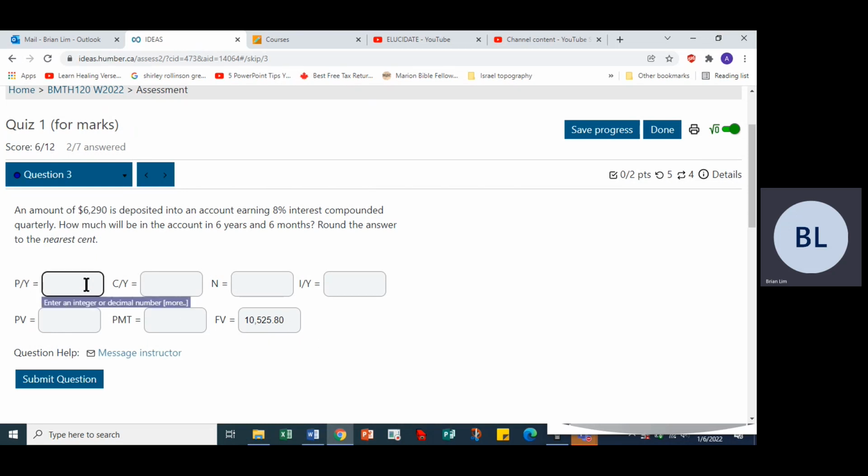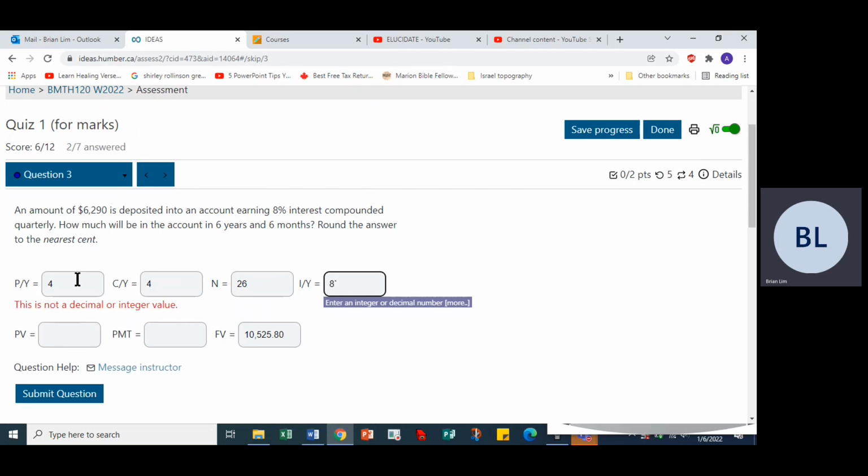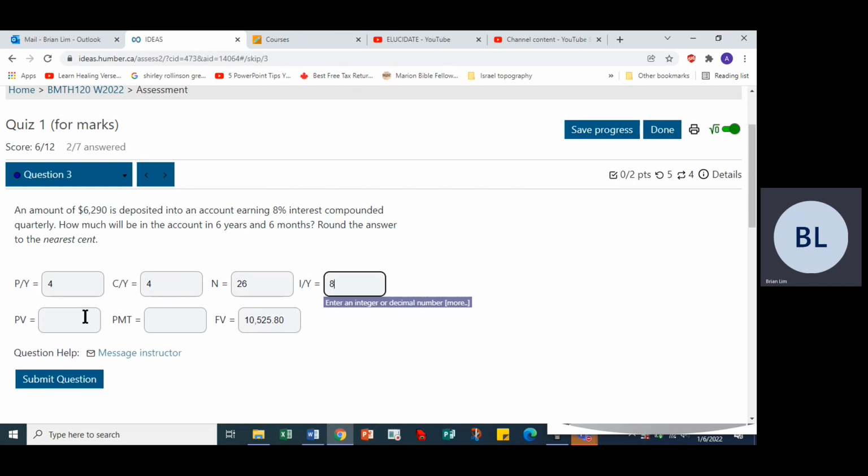So here is what? Compounded quarterly. So this is 4, and this is 4 also. And this worked out to be 26. IY is 8. Present value, we said we would put it in as negative 6290.